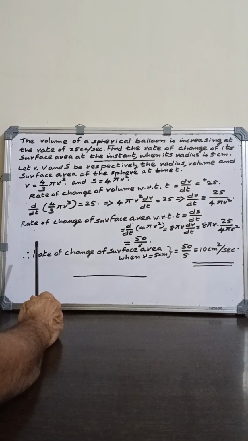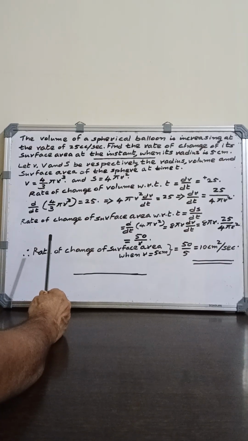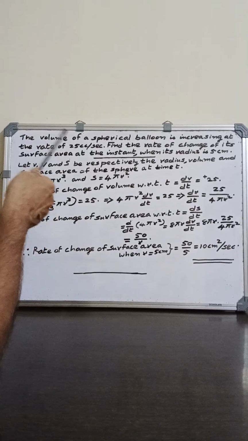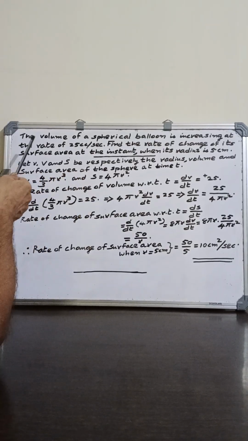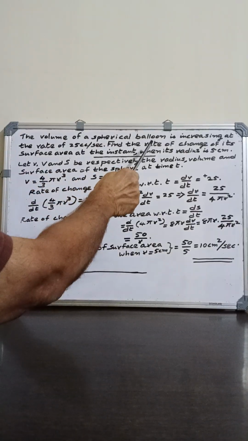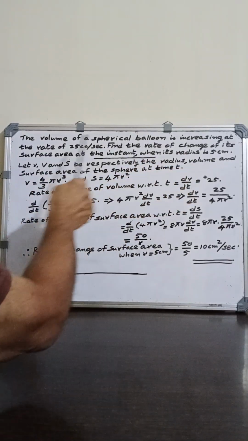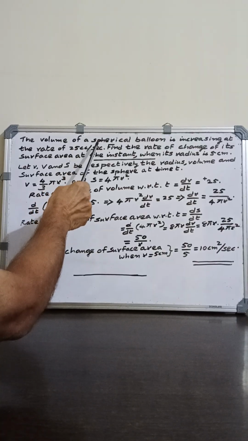Today we are discussing applications of differentials, rate of change of quantities. Here is a question related to rate of change of quantities. The volume of a spherical balloon is increasing at the rate of 25 cubic centimeters per second.